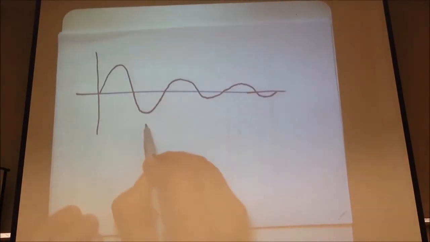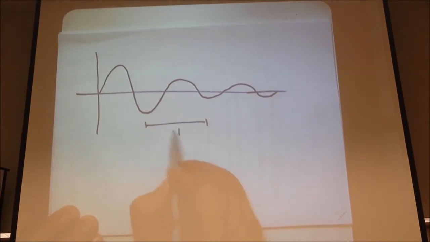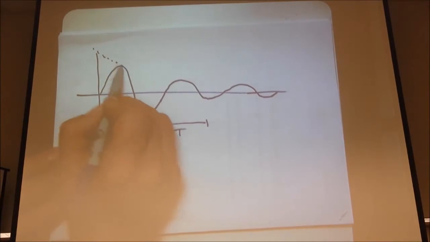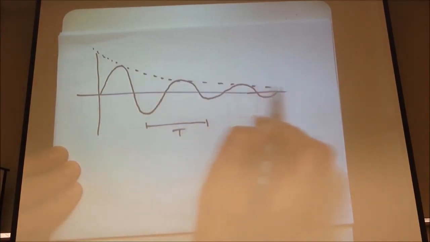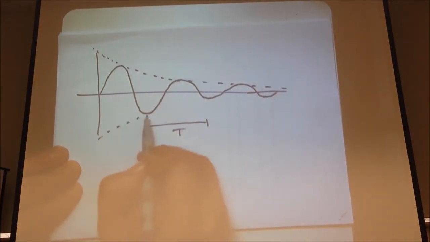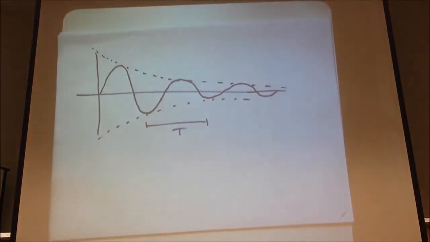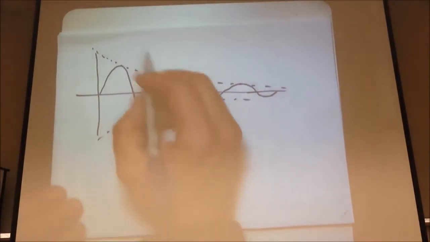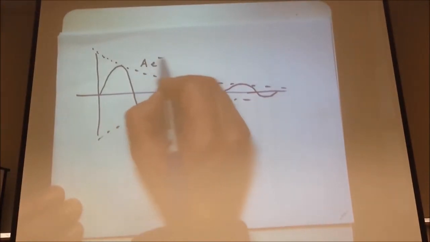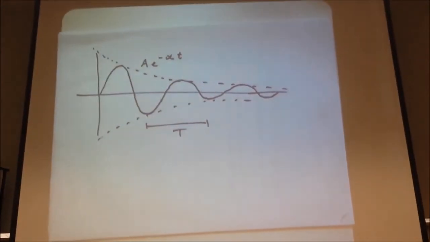It's fairly straightforward to get the period. We all have a good feel for getting the period of that. The thing to recognize is this curve that touches the peaks is the exponential term. And that's again defined by whether we're looking at voltage or current, it doesn't matter. We can just call it A e to the minus alpha t. So that curve is defined by that exponential argument.